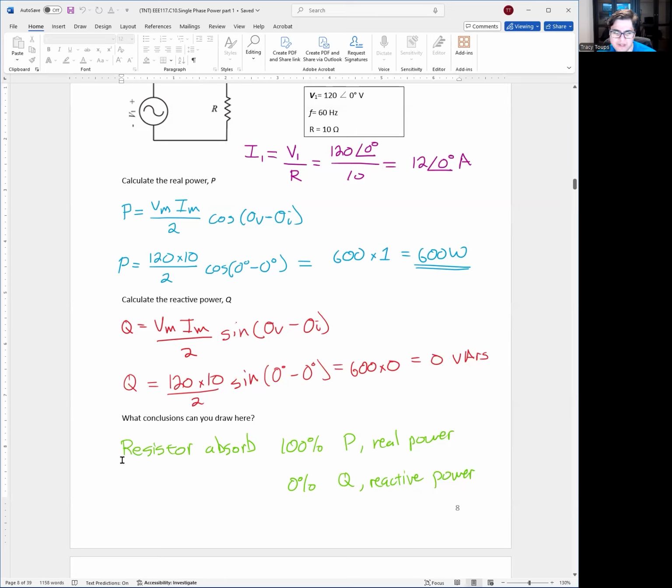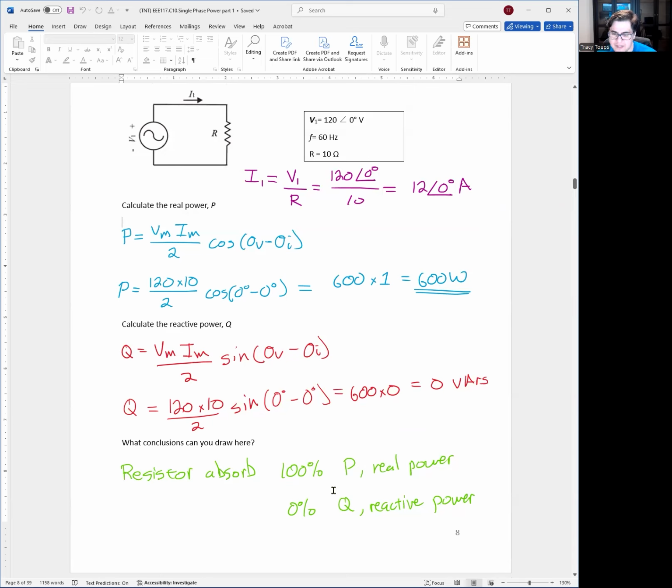So the big takeaway here is that a purely resistive load will always have 100% of its power be real and 0% reactive. So if you ever do a calculation and get reactive power coming off a resistor, you definitely did something wrong.